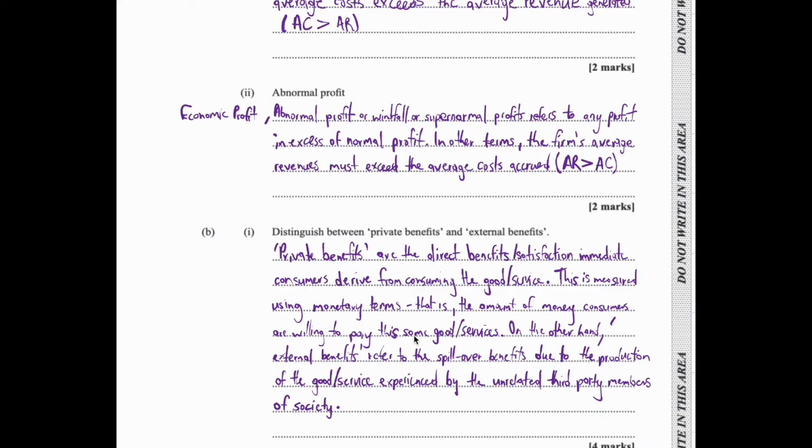So essentially, private benefits are just your own satisfaction. It's what you derive from the goods. So you go to the shop and buy this packet of chocolate, right?